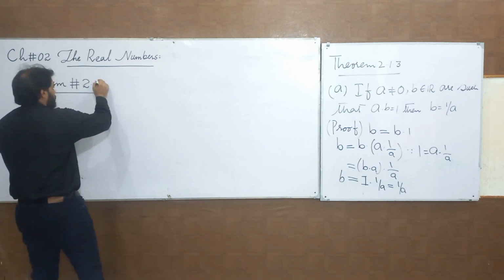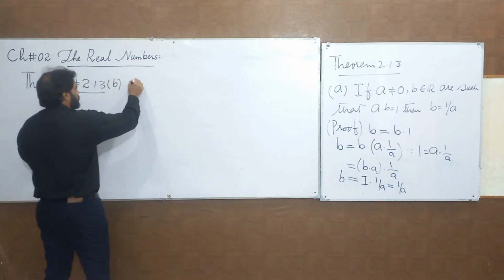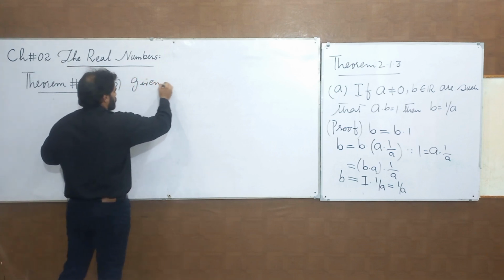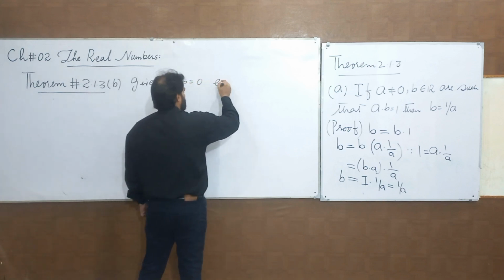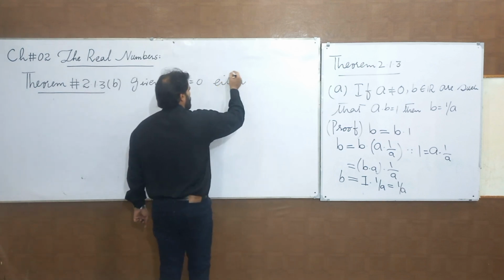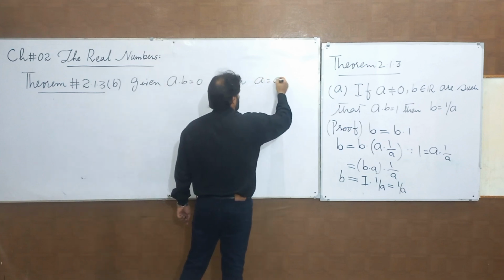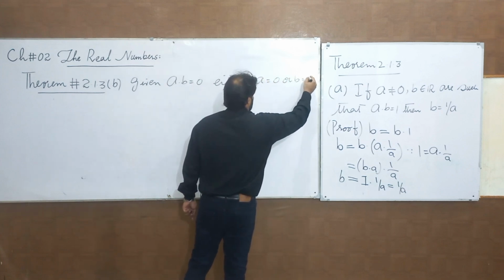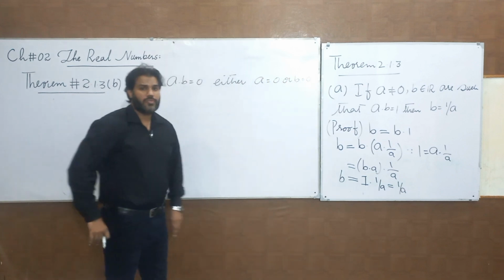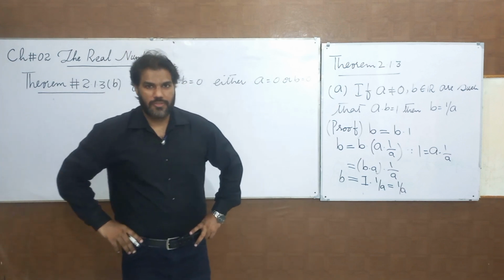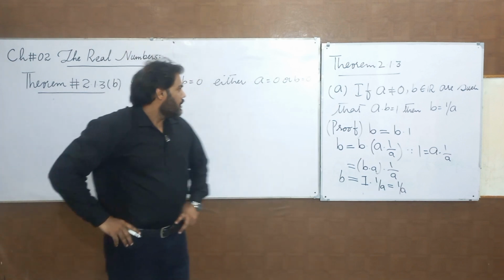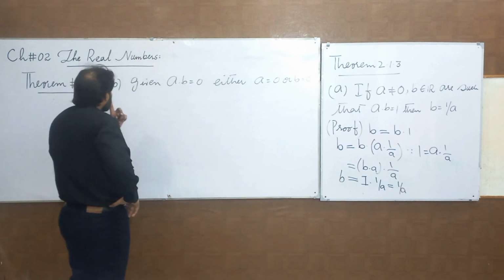In the b part, given a into b is equal to 0, we have to show that either a is 0 or b is 0. We suppose a is non-zero, and we will show that b is 0.